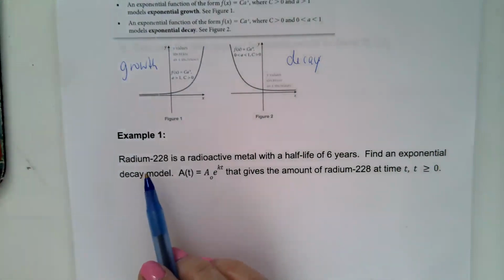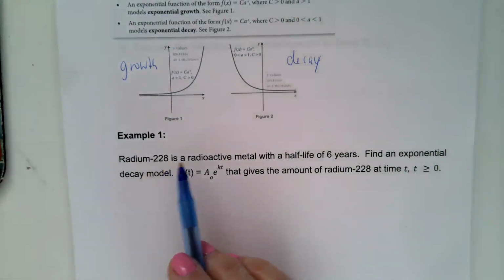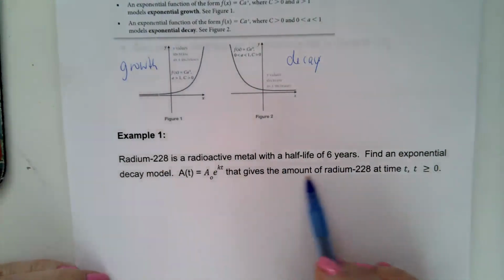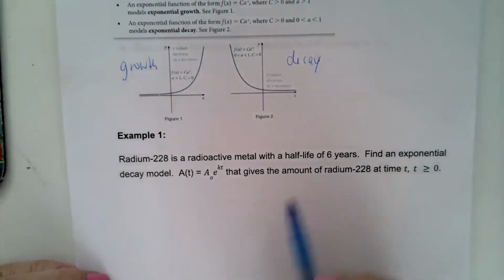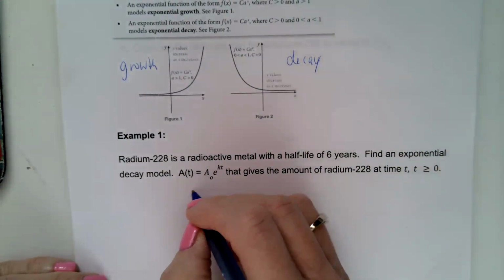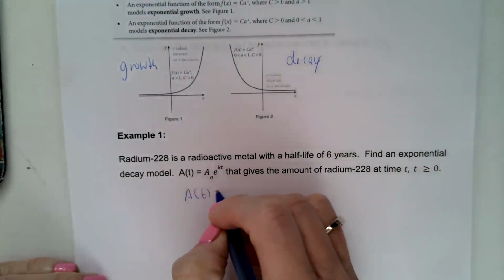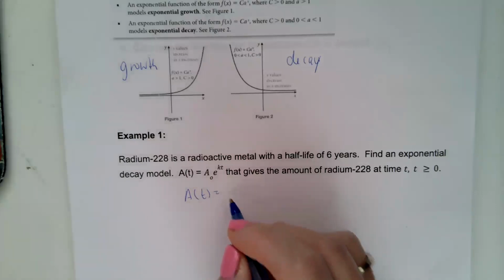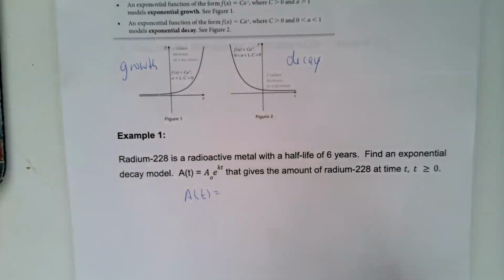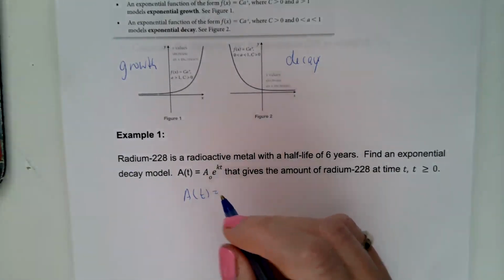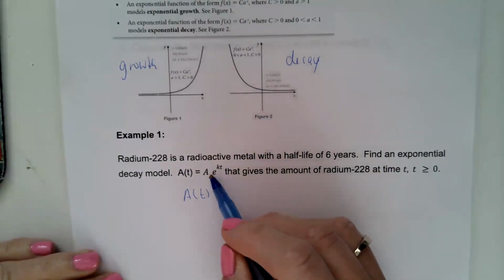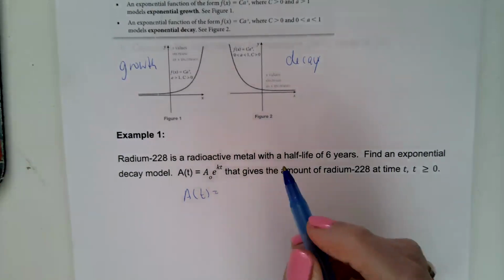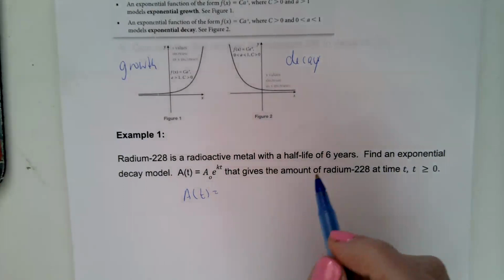So example 1 here says radium-228 is a radioactive metal with a half-life of 6 years. Find an exponential decay model that gives the amount of radium at time t, where t is greater than 0. So the half-life means that whatever you start with, you're only going to have half of that in 6 years.